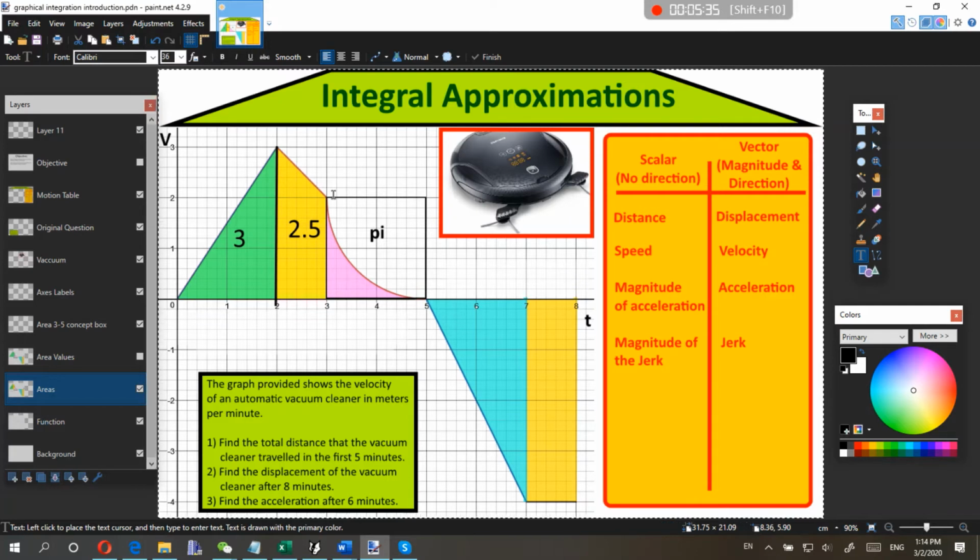So 1/4 of 4 pi is just pi. The whole area of this box would be 4 units, so this pink area should be 4 minus pi units. So our area here is 4 minus pi units.